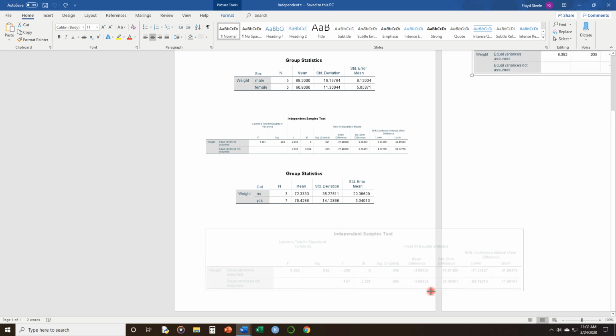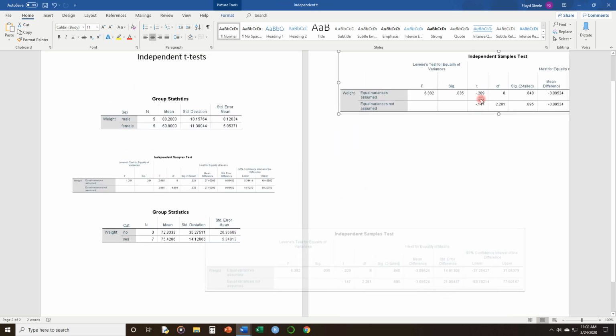And then lo and behold, if we look at the same region as before, the T, the DF, and the sig 2-tailed, if we take the absolute value, this is 0.2. T-calc is much smaller in this case than it was in our last example. It was like 2.8 something. DF would be the same. The p-value in this case is equal to 0.84, which is pretty high for a p-value, certainly higher than 0.05.